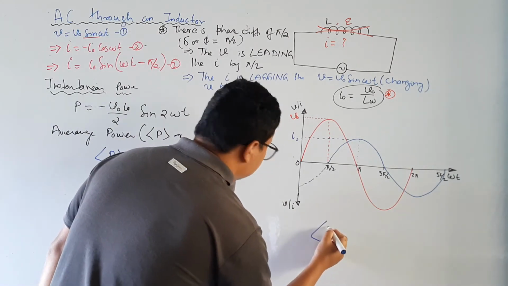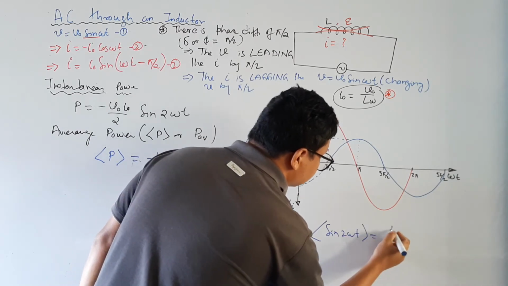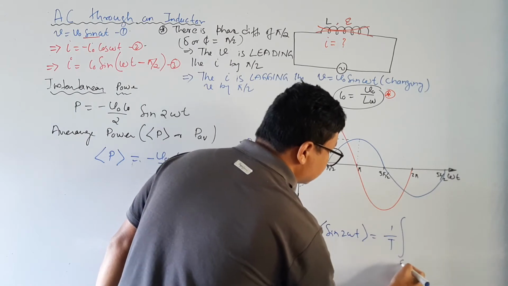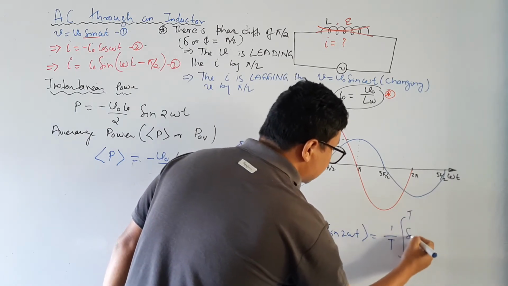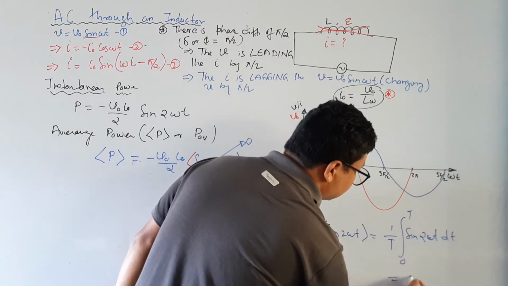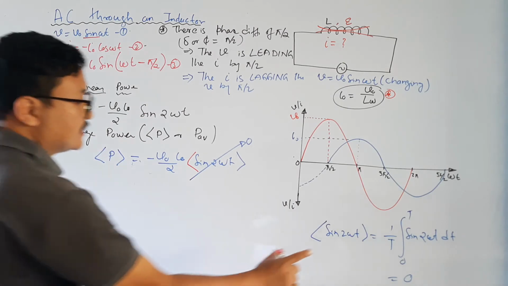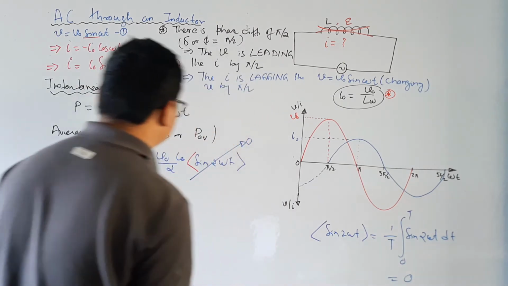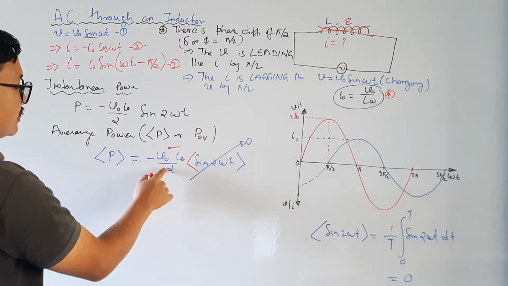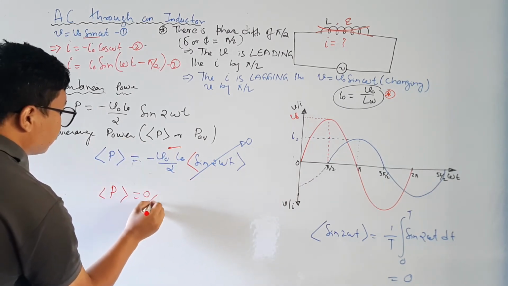The formula is: average of sine 2 omega t is equal to 1 by T, where T is the time period, times the integration from 0 to T of sine 2 omega t dt, which gives 0. This is the process to prove it. And if this becomes 0, then 0 multiplied by anything is 0. So the average power is equal to 0.